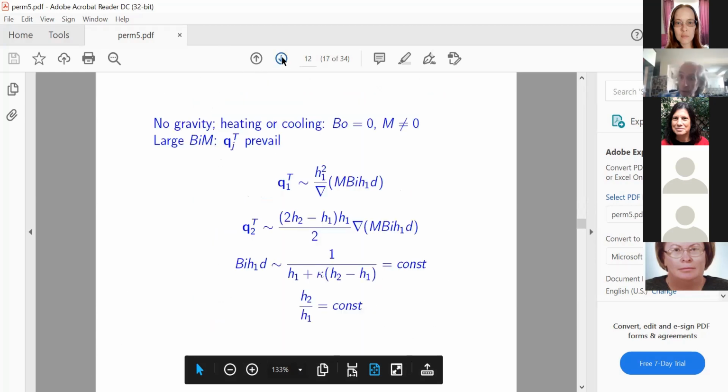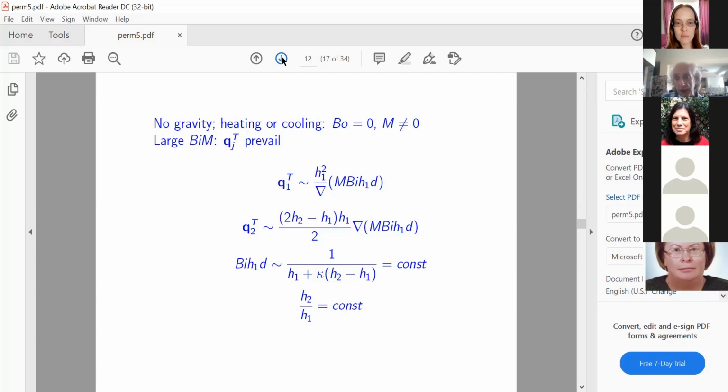If we heat, we observe that the shape of the droplet changes drastically. To explain this change, let us consider a maybe not completely physical, but actually realizable case when this parameter, the product of the Biot number and the Marangoni number, is large.